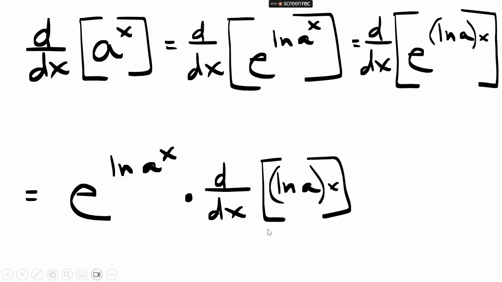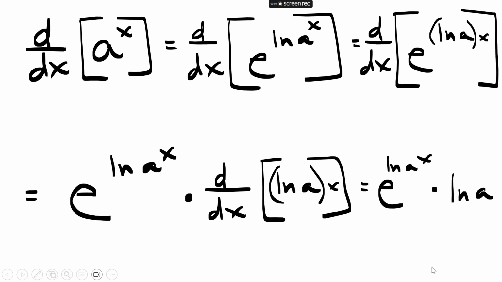So this is interesting. Notice x is our variable, is that right? So what would be the derivative of something times x? All right, so let's see if we can make this happen here. So e to the ln of a to the x multiplied by, what's the derivative of ln of a times x?